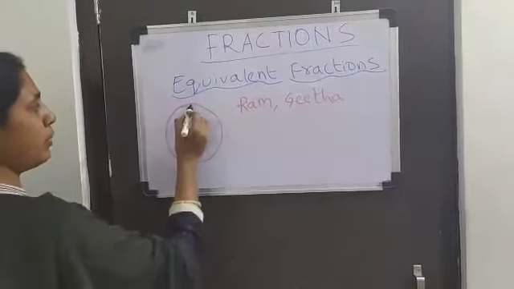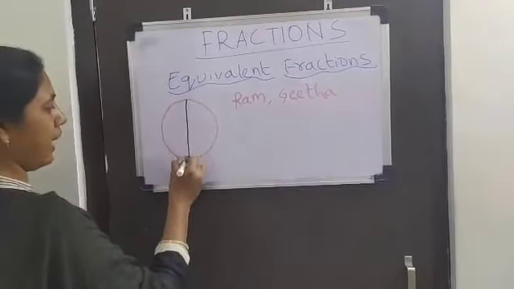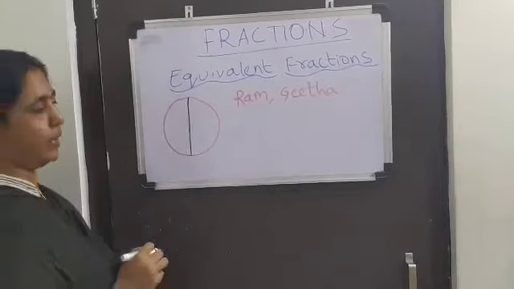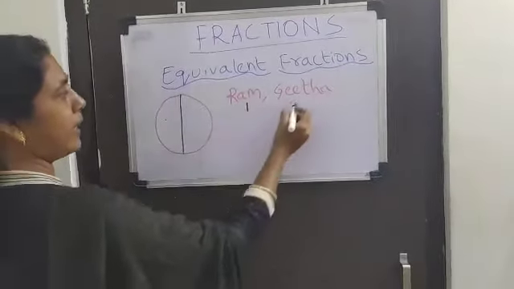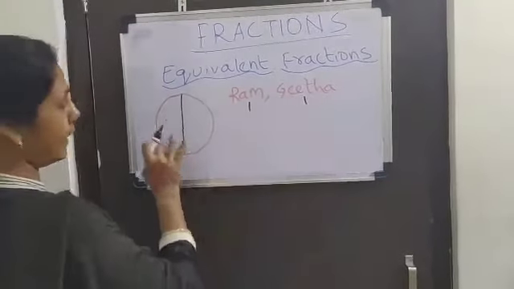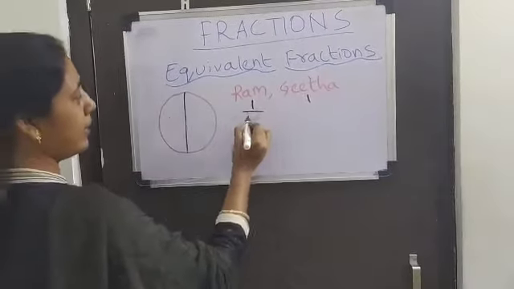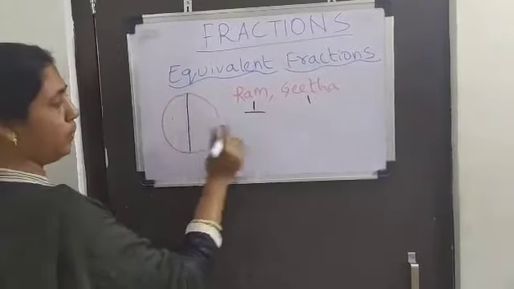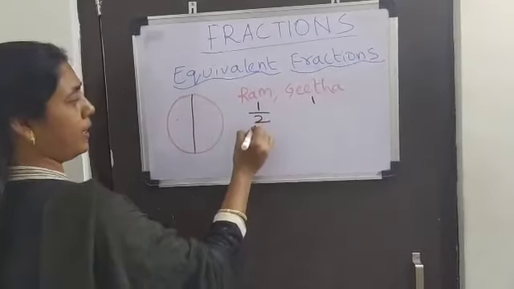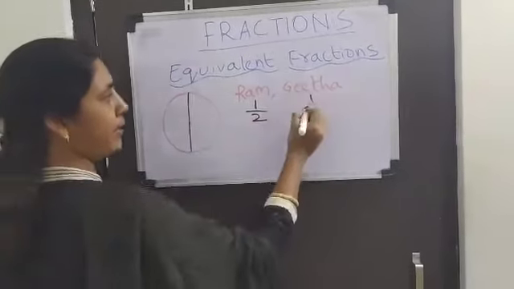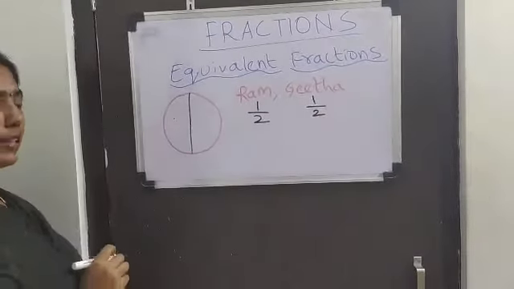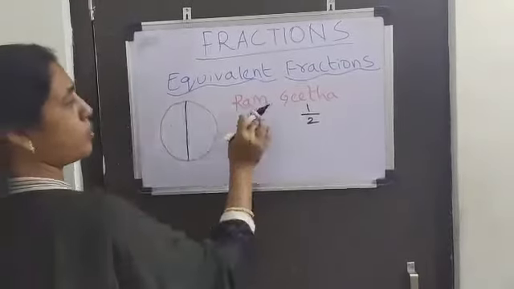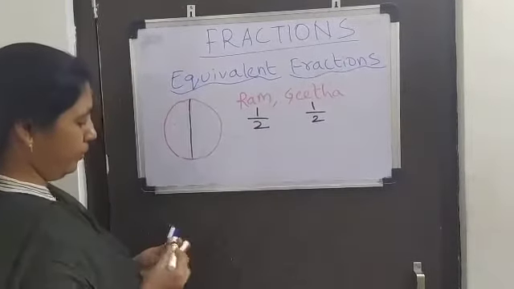So generally what will they do? They will divide the apple into 2 parts. Now this one part Ram is eating, another part Geeta is eating. How many parts are there in total? 2 parts. So one part out of 2 Ram is eating, and one more part Geeta is eating.